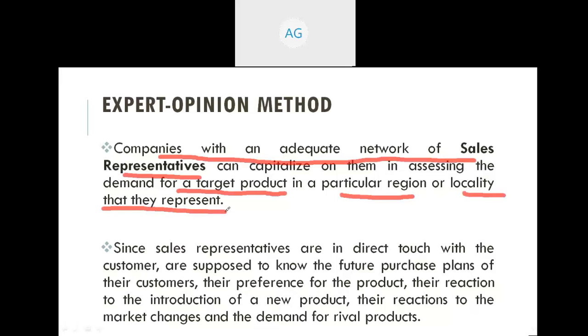So basically the company decides to sell its product in a particular region or locality. So it hires sales representatives first in order to determine the demand of that item in that particular locality.